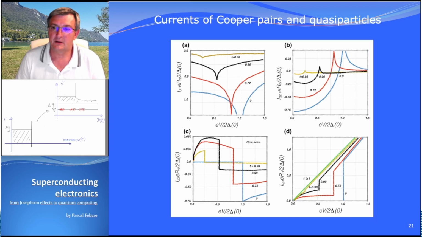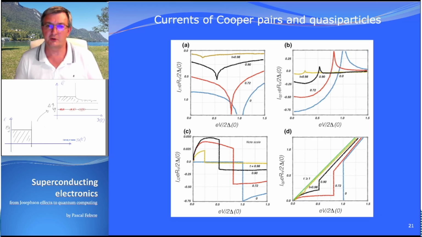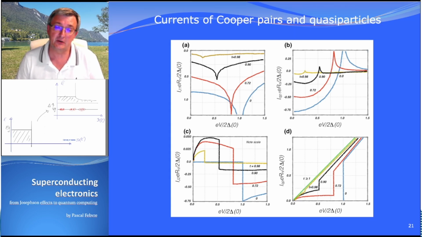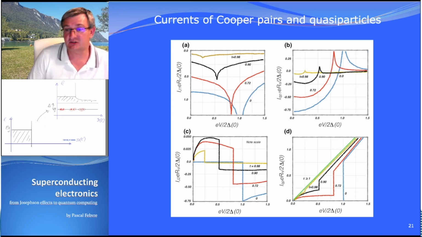So as I said, the important parameter for the Josephson Cooper pair currents is the phase difference between the two superconductors. Of course, depending on the barrier, depending on the way the materials are manufactured, depending on the temperature and many other parameters, this phase can have different variations, relation with the current.